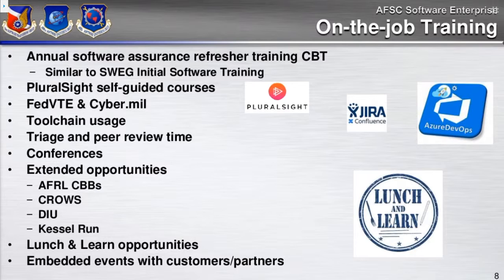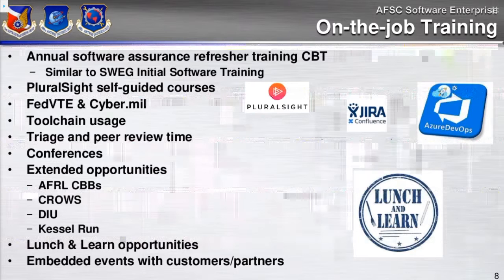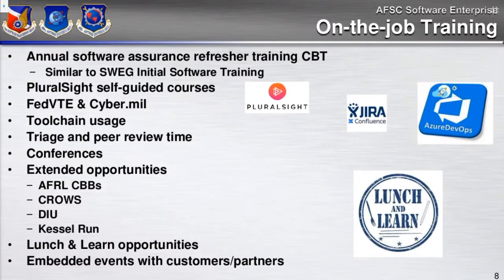Some more opportunities within our SWEG: we send and embed folks to sit with other folks who are doing a similar or the same task, so we can cross-pollinate and learn what they're doing. The Air Force Research Lab does what they call cyber blue books. That's where they go out and evaluate a system to see what the architecture looks like.